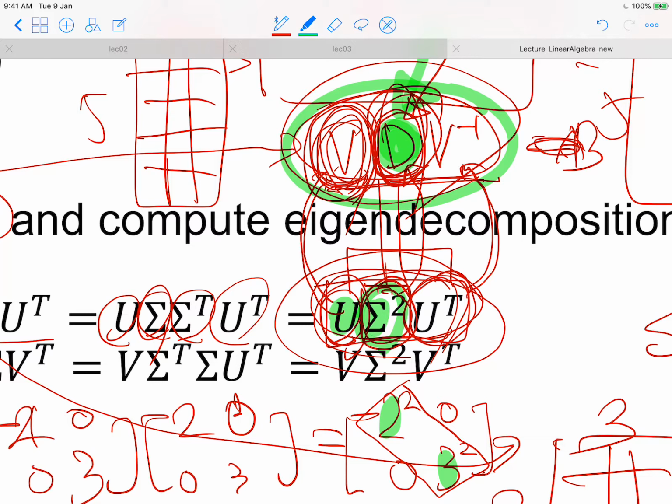Okay, in that case, we have no problem taking the square root of each positive eigenvalue to obtain our singular value in the place of this sigma. And also, if this guy is also an orthogonal matrix, then we can just set this guy equal to U.